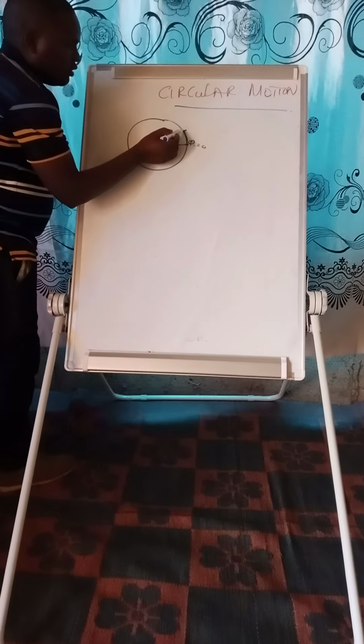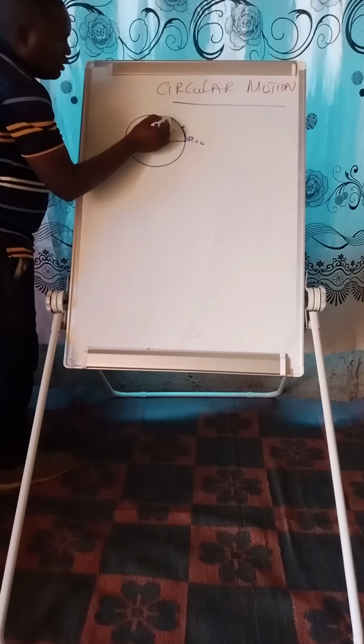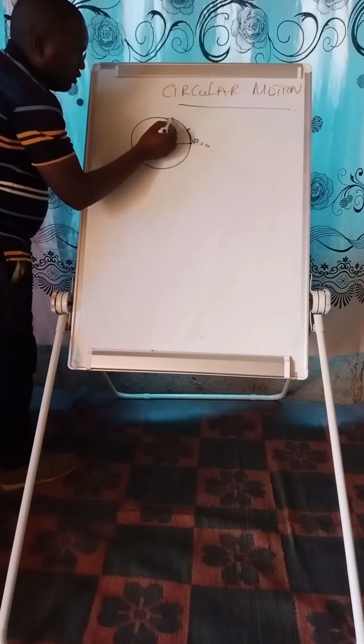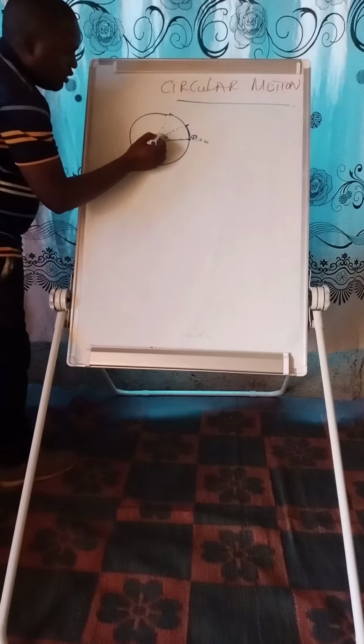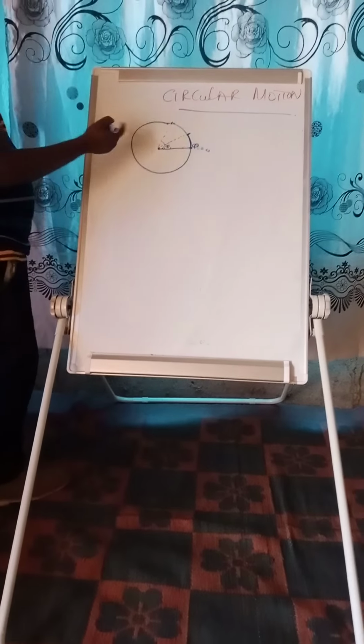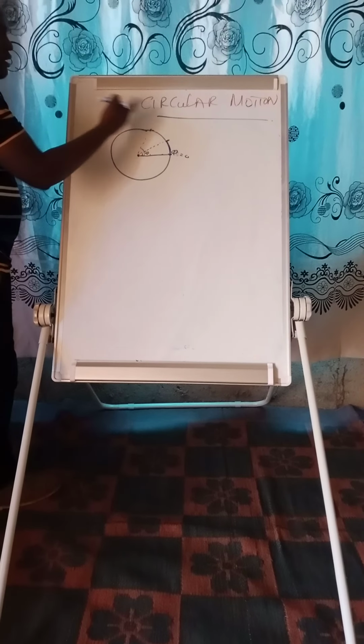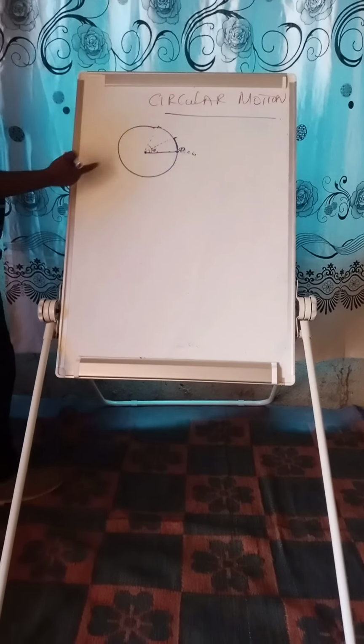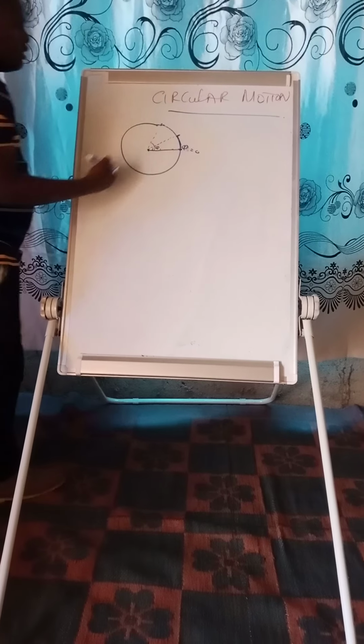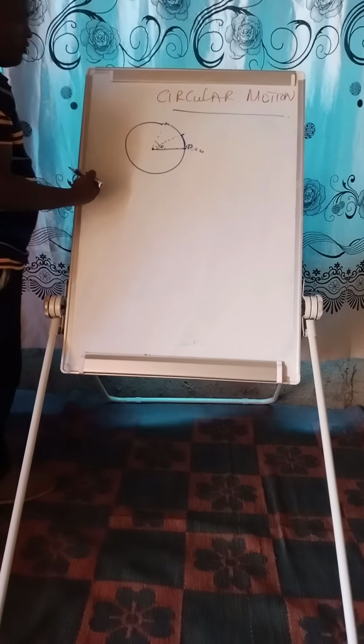Also, when it comes at this point, we find that also there is an angle. So in this case, we say that an object is describing a circular motion, a motion which is at certain angle.